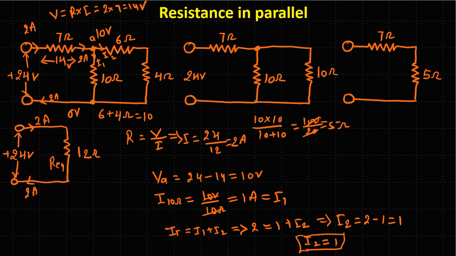You can also calculate in another way, because you have 10 volt here and 0 volt here. So the resistance of this branch is 6 plus 4, 10 ohm.